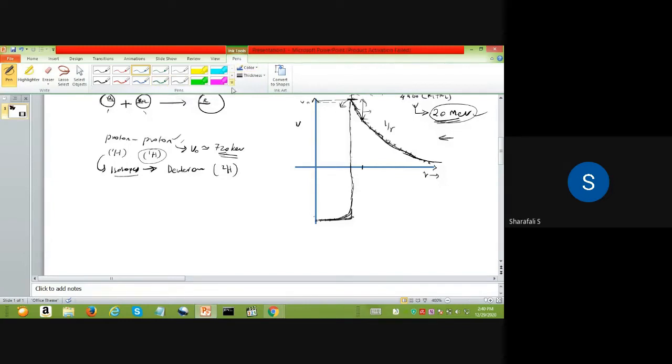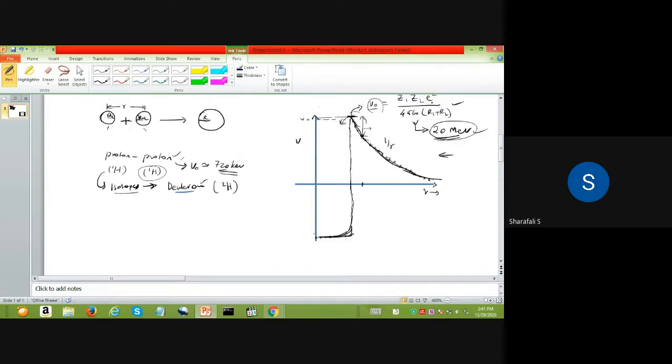Such kind of isotopes, for example deuteron, have the same number of protons but a different mass number, which means a different size. So such nuclei will have more radius. In this case, deuteron will have more radius, so the R1 plus R2 term in this potential barrier will be larger, which means this V0 further goes down for isotopes of this. So this can be again reduced by using those isotopes.